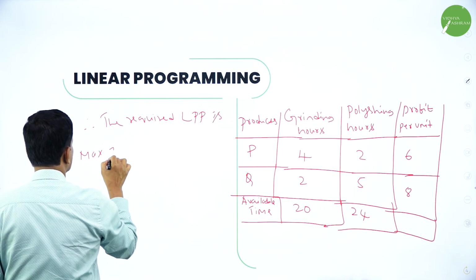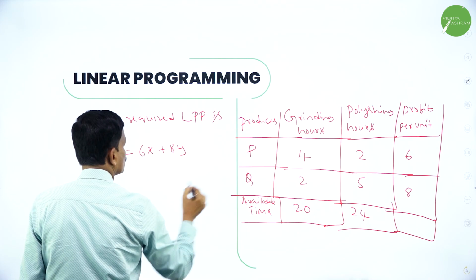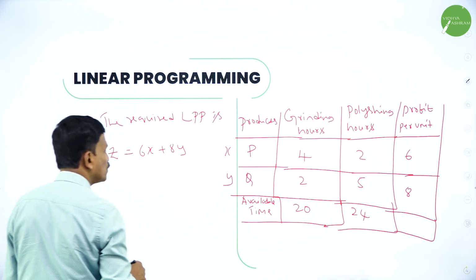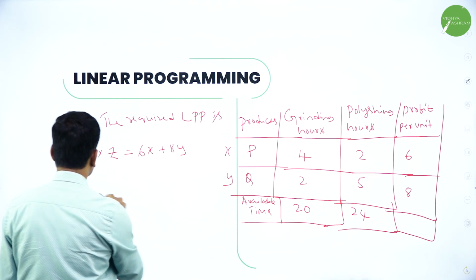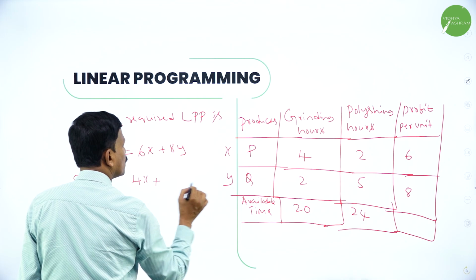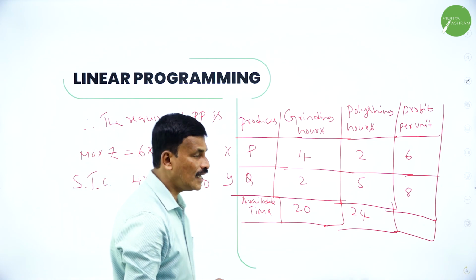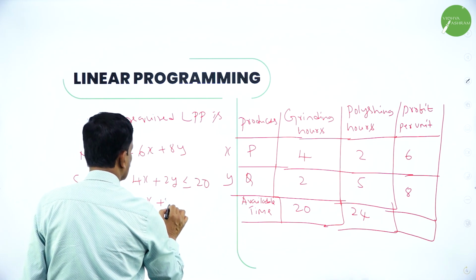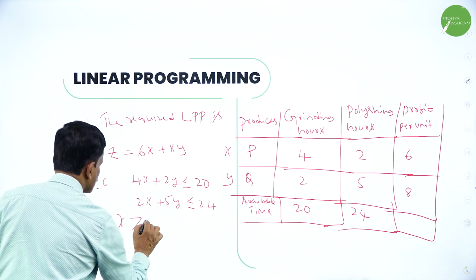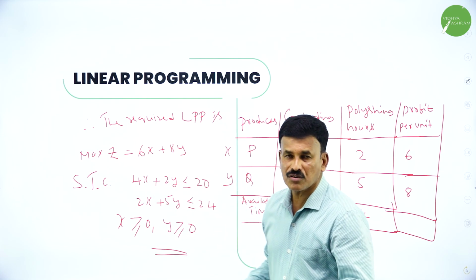Max z is equal to 6x plus 8y, where x is the units manufactured by P and y is the units manufactured by Q. Subject to constraints: 4x plus 2y is less than or equal to 20, and 2x plus 5y is less than or equal to 24, and the non-negative restrictions are x is greater than or equal to 0 and y is greater than or equal to 0. This is the required LPP model.